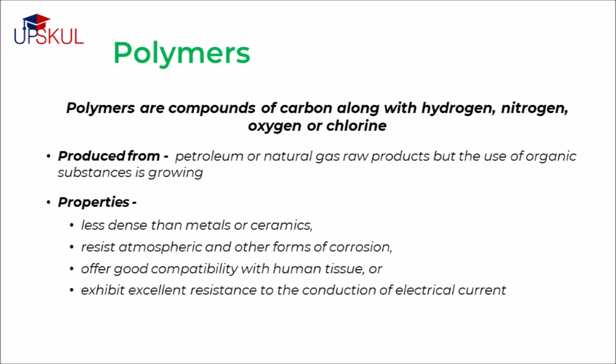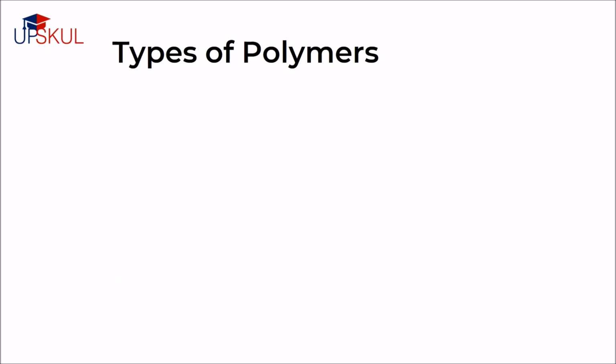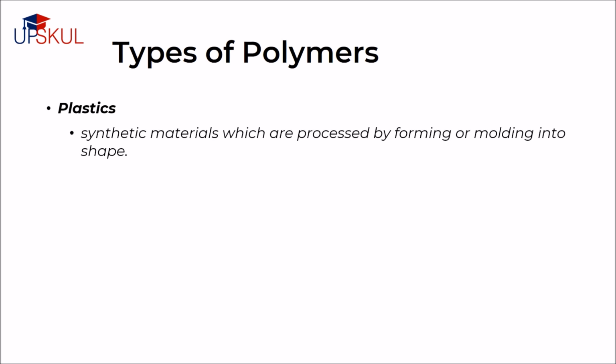Two industrially important polymeric materials are plastics and elastomers. Plastics are a large and varied group of synthetic materials which are processed by forming or molding into shape. Just as there are many types of metals, there are many types of plastics as well.